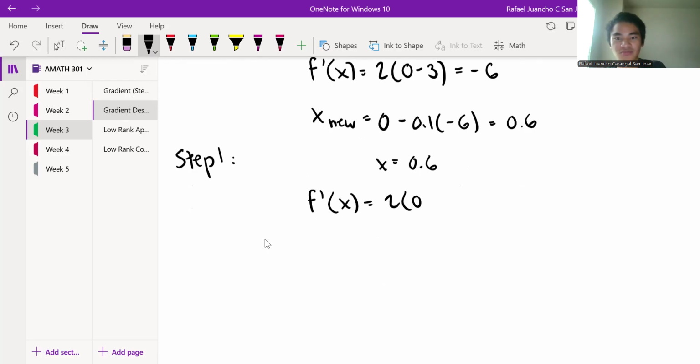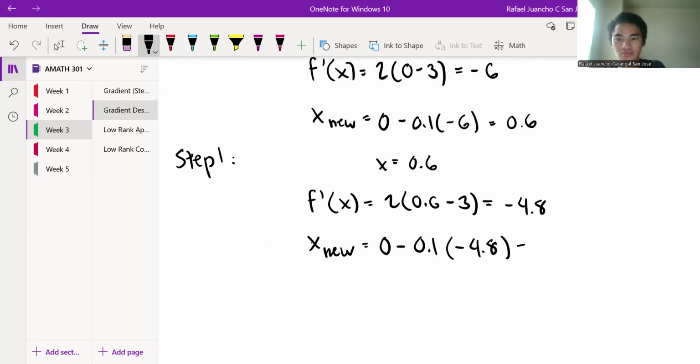X is 0.6. So we go to its derivative again. We get 2 times 0.6 minus 3, right? And I believe this will give us, yeah, it actually gives me a negative value in this case, negative 4.8. And then we do our x new, 0 minus 0.1, the learning rate.